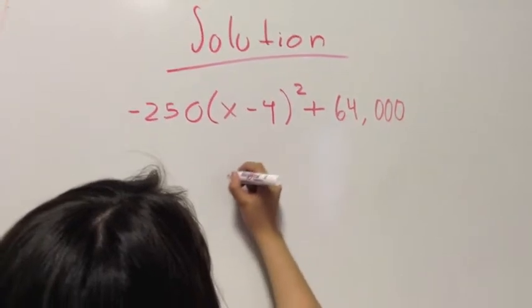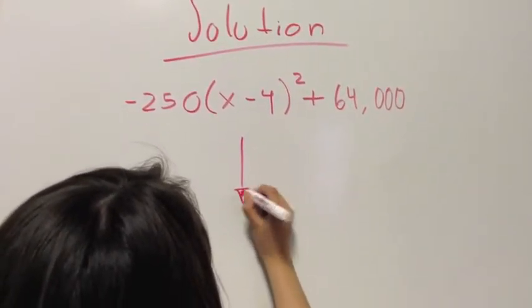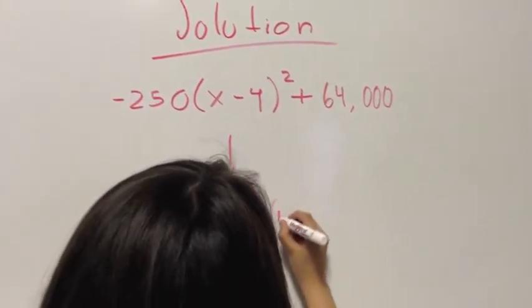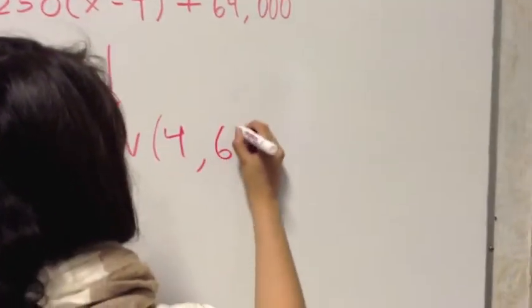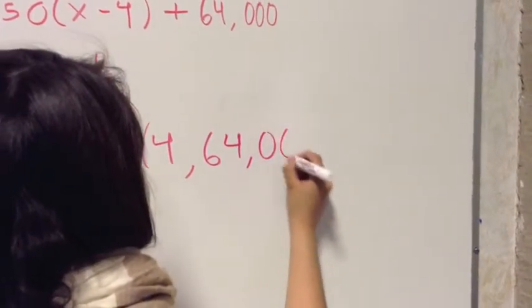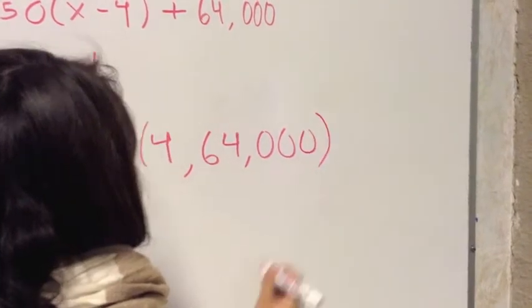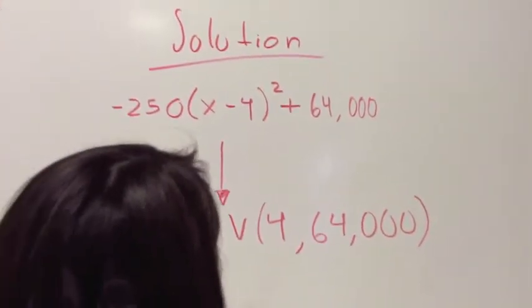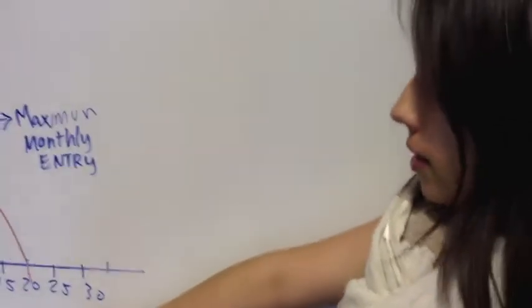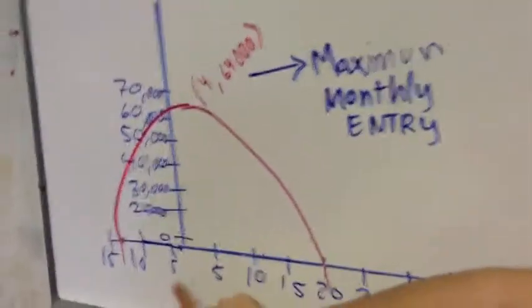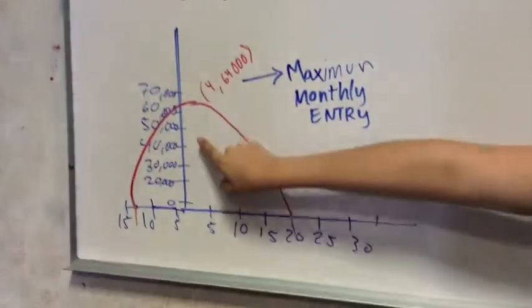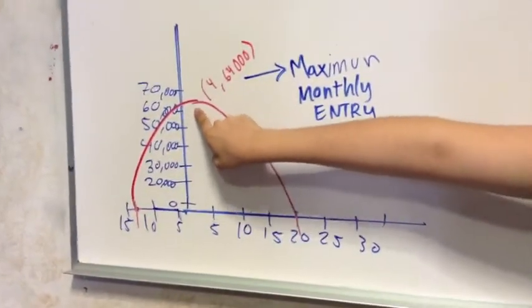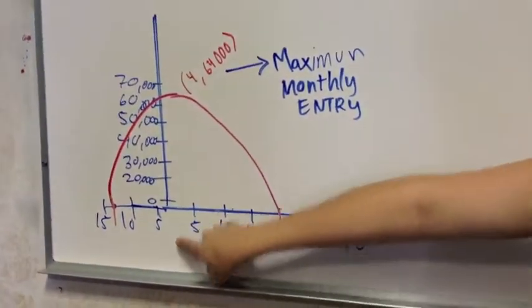Here we only have to get the vertex, and I have to change the sign of the 4, and it will be 64,000. And here in the graph we check that when x is 4, the maximum monthly income is 64,000, and that will be the maximum income for the company.